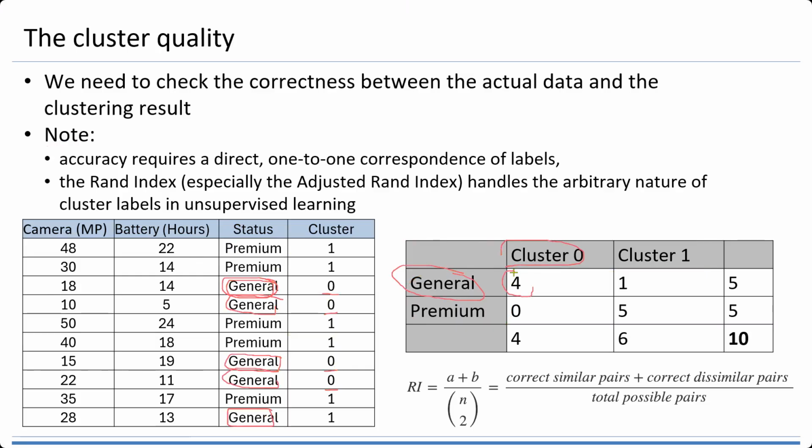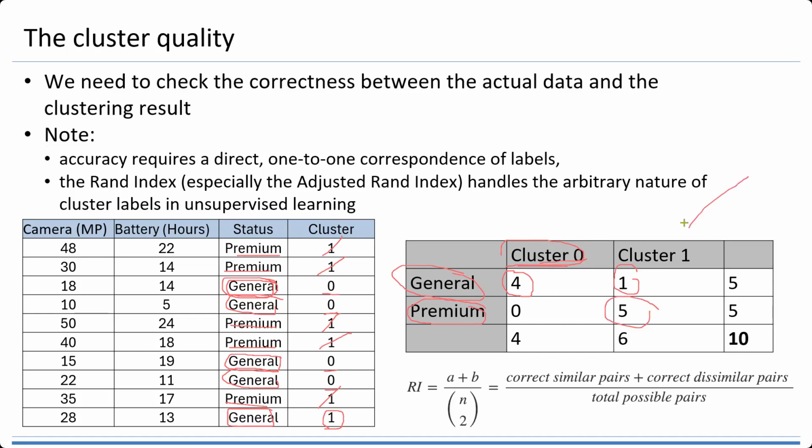Okay, there are 4 data belonging to cluster 0 and 1 data belonging to cluster 1. What about the premium? So you check the premium, 1, 2, 3, 4, 5. And how many of them belong to cluster 0? So this is 0, 0, 0, 0, and 0. Then all of them belong to cluster 1.